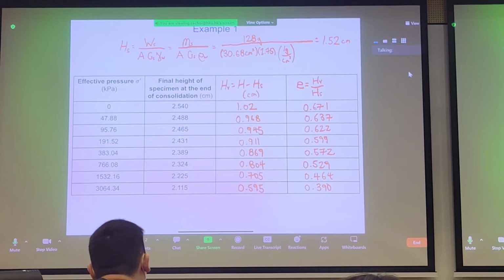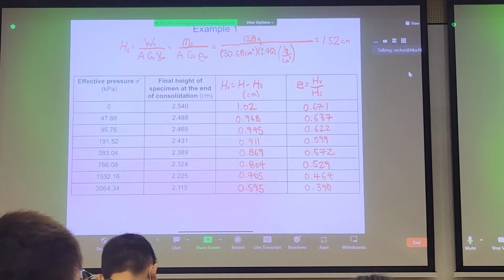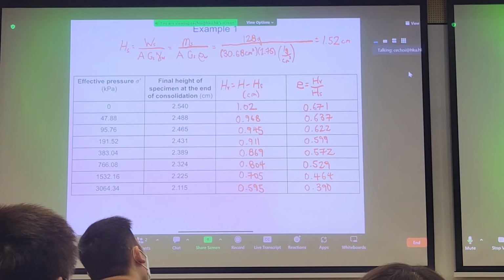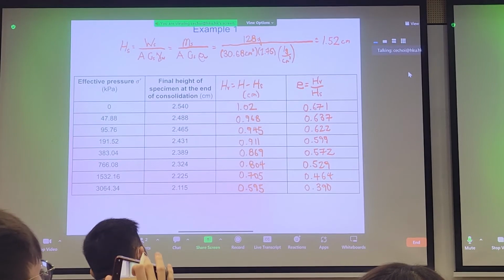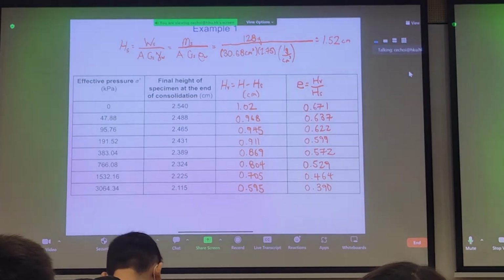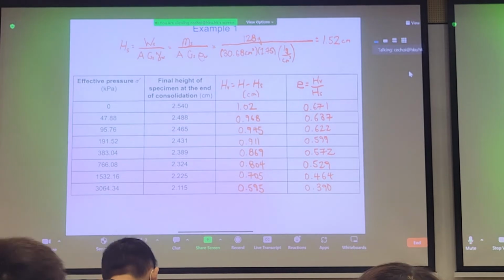So I guess that's simple enough, right? And then we can plot our void ratio versus normal effective stress plot as specified. Why I want to go through this is I want you to understand how we get the void ratio versus vertical effective stress plot first, because we need to use it to get our compression coefficients later on in this module.